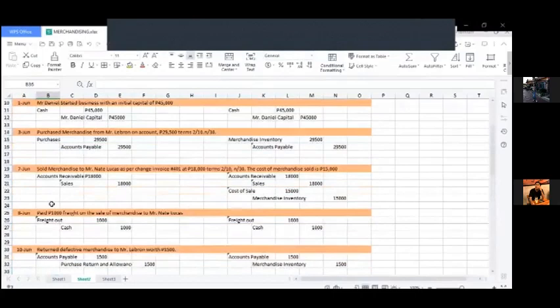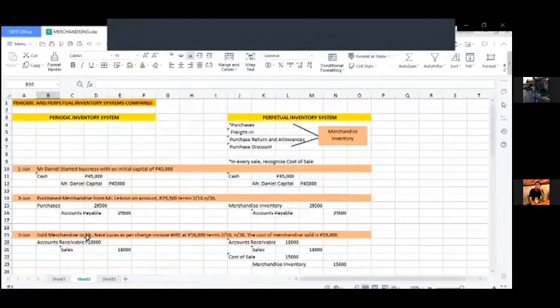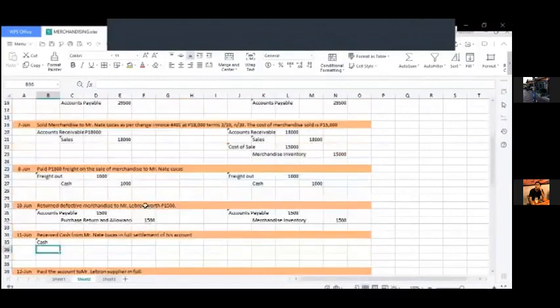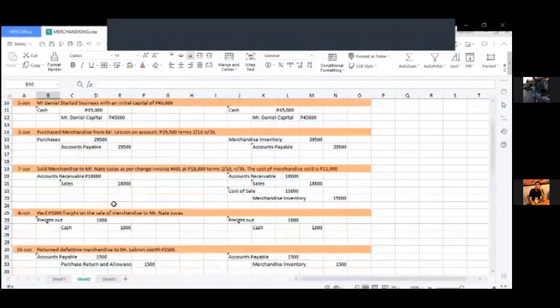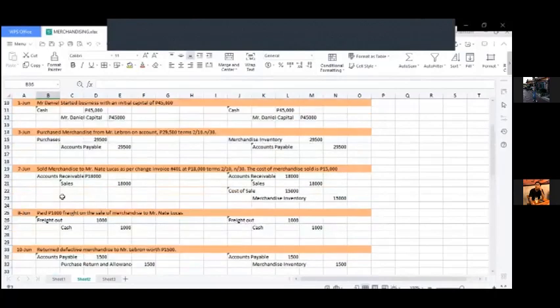Unang-una nating titingnan dyan is kung pasok ba siya sa discount period. So, 2% within 10 days. So, umabot ba siya? May discount ba siya? June 11 siya nagbayad. So, umabot, no? June 3, 4, 5, 6, 7, 8, 9, 10.